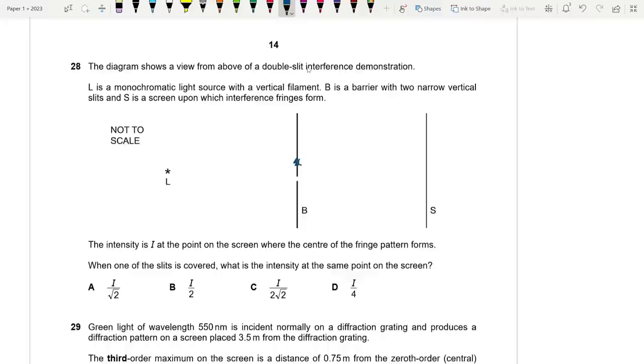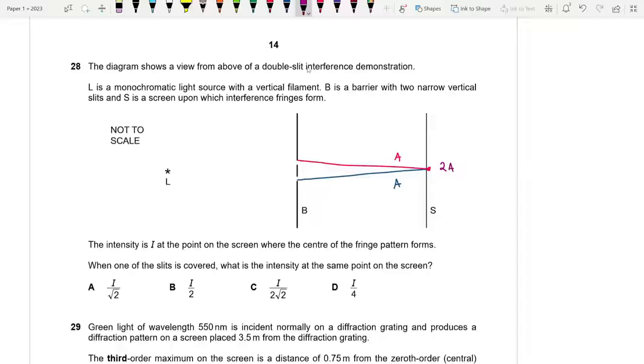So if I cover this slit, light cannot pass through it. We know that in interference, light would pass from here and also from here, and overall they would add up, right? The amplitudes. This is A and this is also A. So what would be the amplitude here? It is twice A essentially.